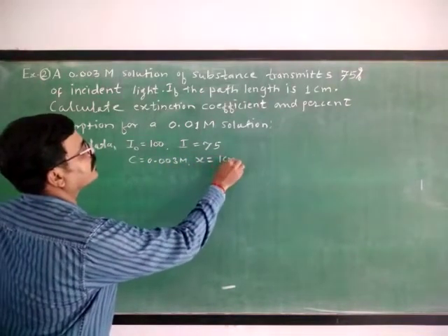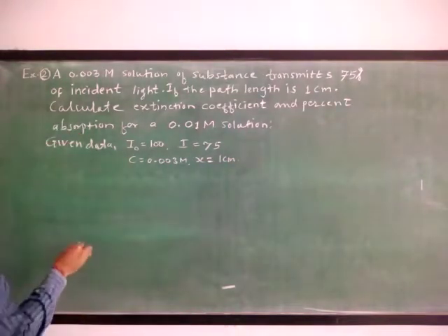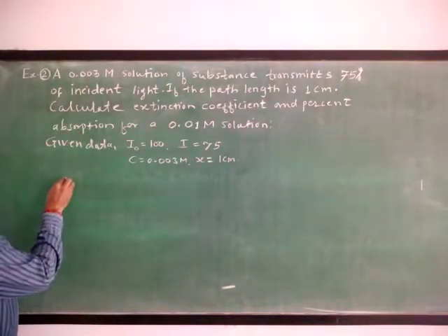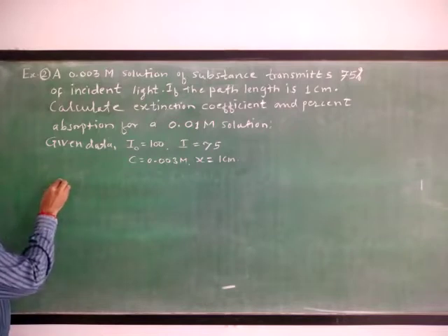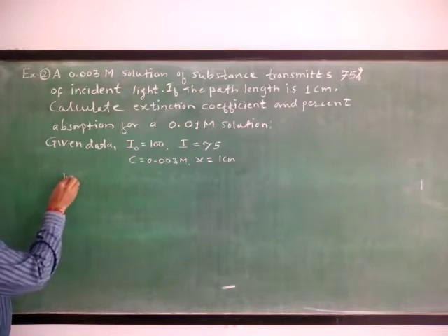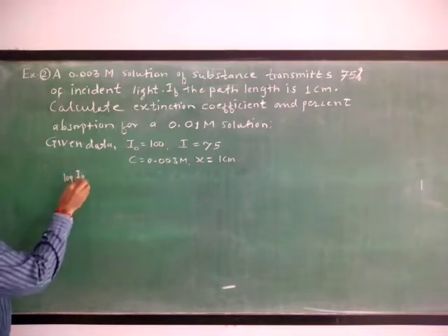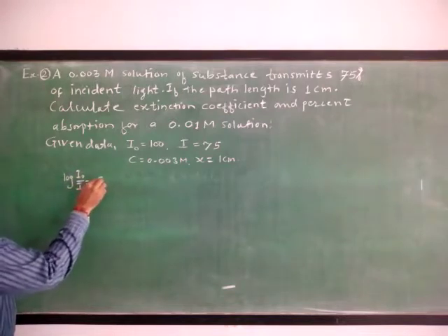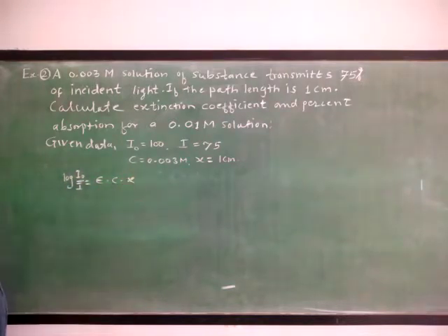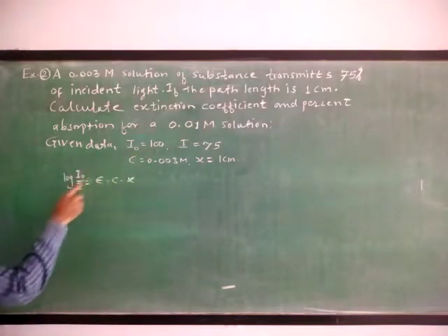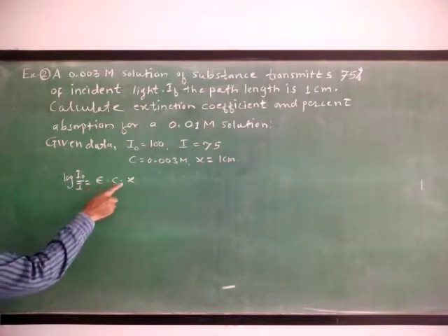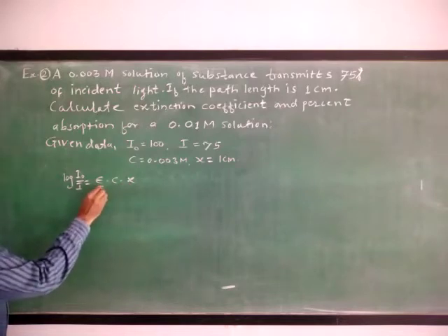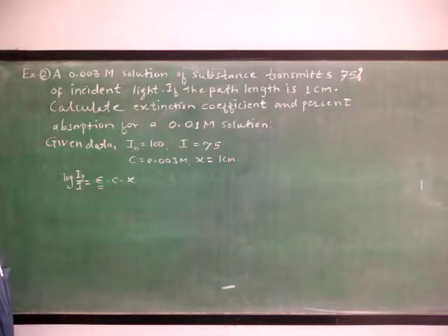Now you know, according to Beer's law, absorbance or optical density, that is equal to log of I0 upon I, is equal to epsilon into C into x. Now you know all values: I0, I, then C and x. That's why you are able to find the value of epsilon.